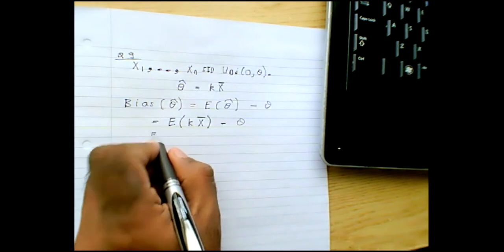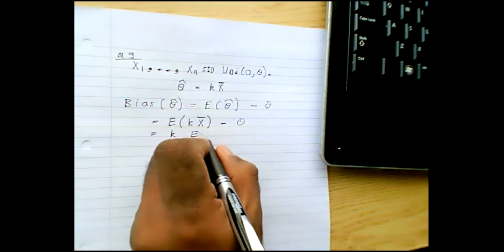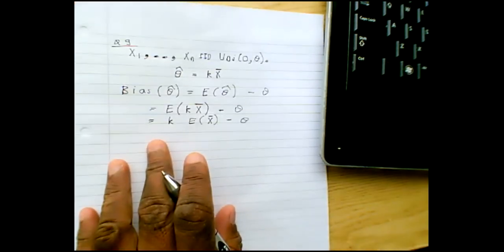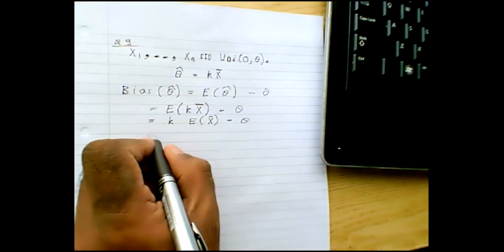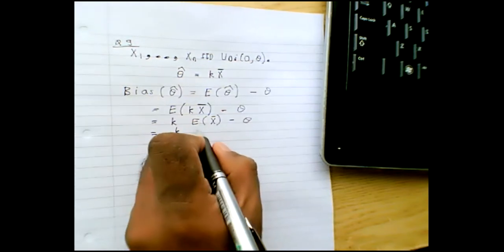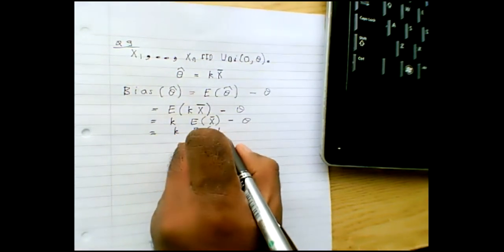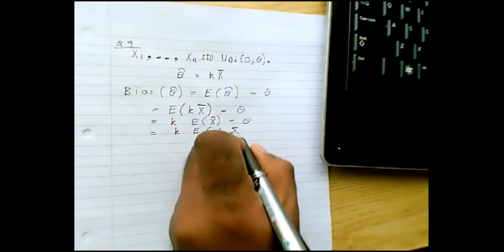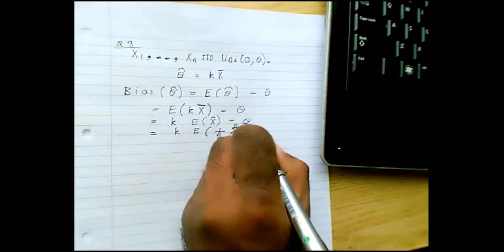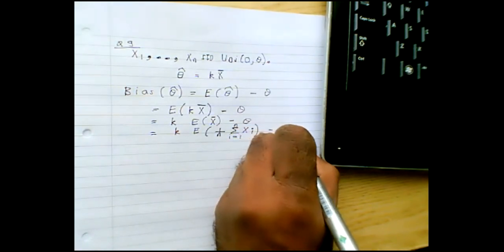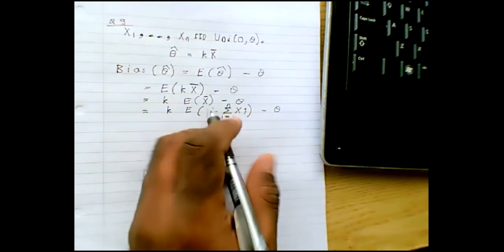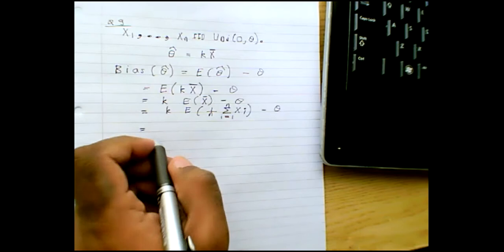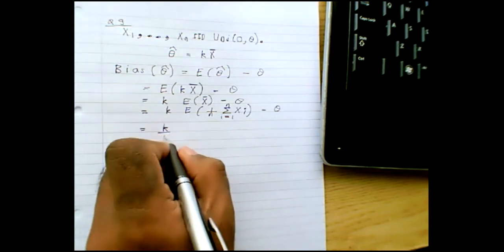And this is k times the expectation of x bar minus theta, which is k times the expectation of 1 over n times the sum of xi, minus theta. Now you should take the expectation inside the summation. You get this.